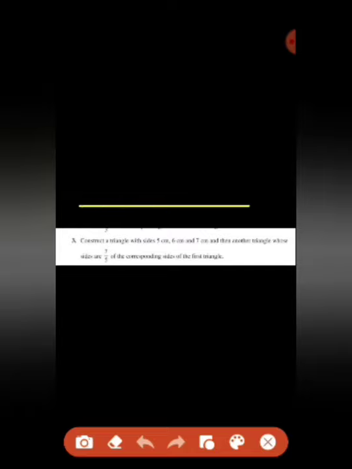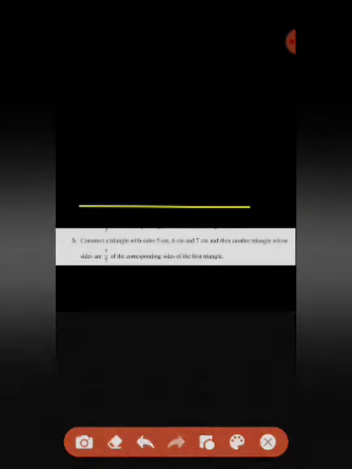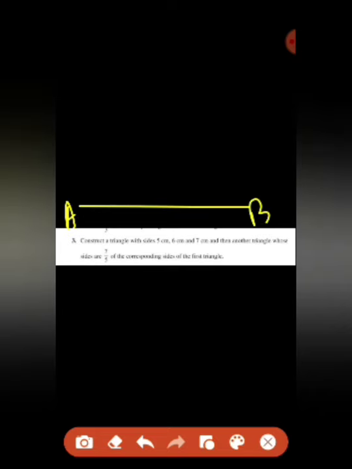I'm taking my base here. Let's say this is A, this is B, and this is 5 cm. From A you take 6 cm by your compass and make an arc. From B also you take 7 cm by your compass and make an arc.